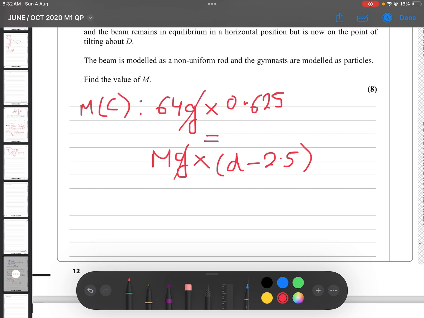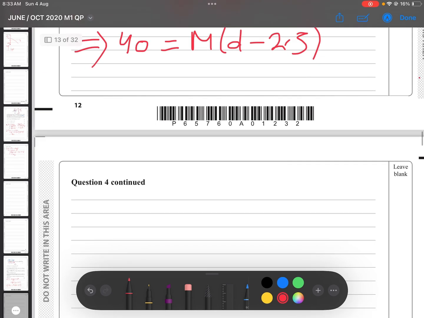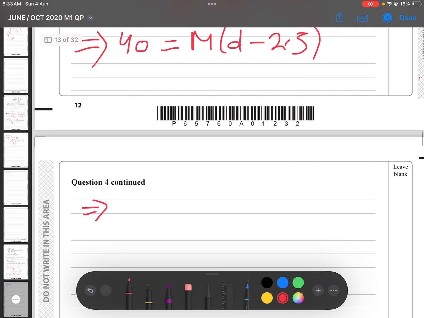And then if we simplify, we'll get 64 times 0.625 is 40 equals m(d minus 2.5). As we are finding m, let's make m the subject here. So our equation 1 is m equals 40 over d minus 2.5. This is our equation 1.